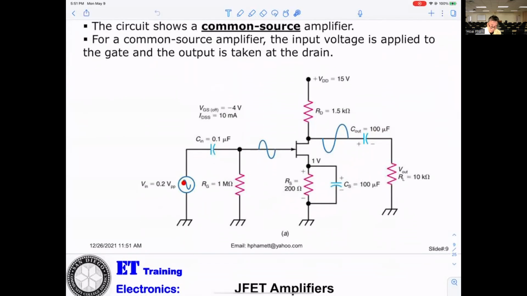If you get a sideway at the gate and you don't have a resistor here, it shorts to the root, then the signal will go to the root. So that's why we have to have this resistor. And this is a bypass capacitor, bypass RF.